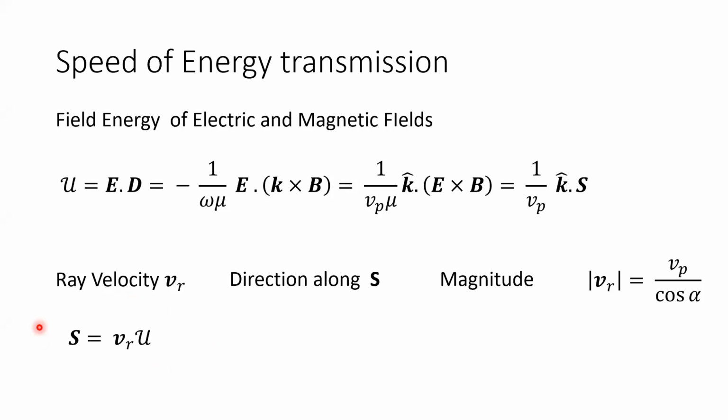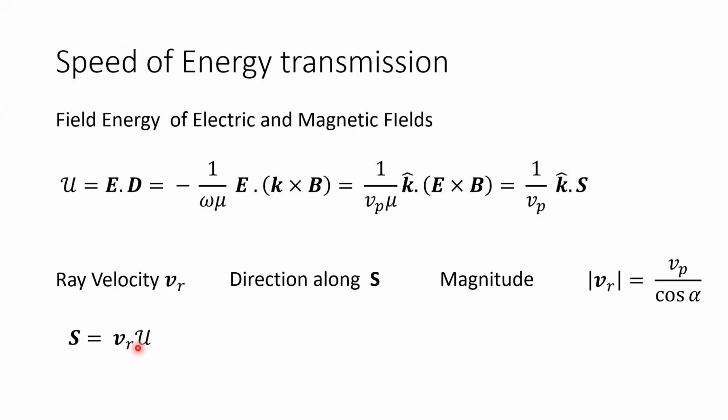Imagine there is a cylinder, and that cylinder is of length equal to the magnitude of VR. And that cylinder is along the pointing vector. And energy is like it's a flow.